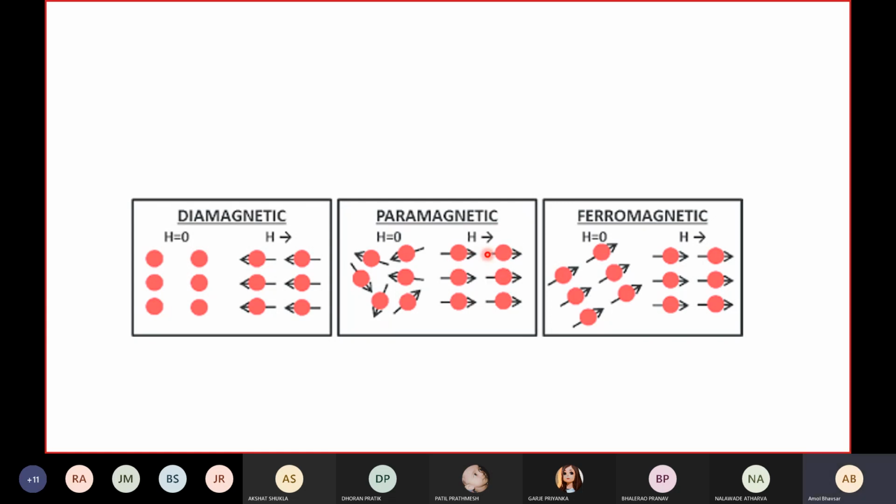In the case of ferromagnetic, all the dipole moments have a particular orientation, but as soon as you apply the external magnetic field, they are aligned according to the direction of the external magnetic field. So this is the difference between these three magnetic materials.